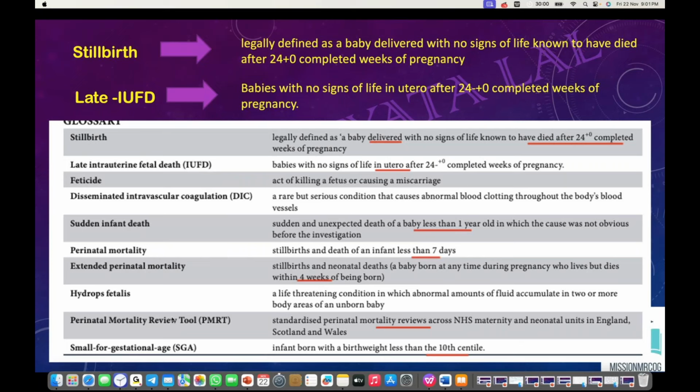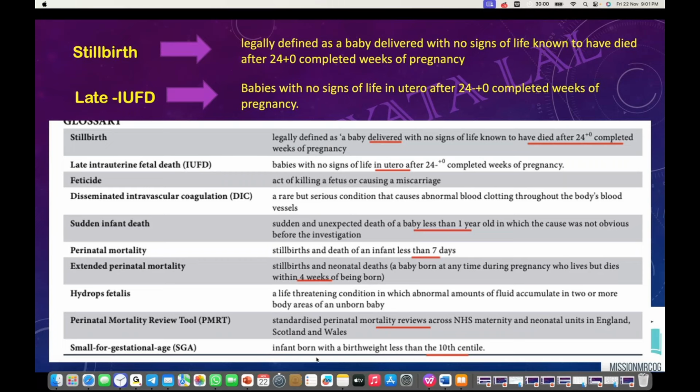Hydrops fetalis you already know, and the perinatal mortality review tool is a tool that reviews perinatal mortality across NHS neonatal units in England. SGA definition we know.